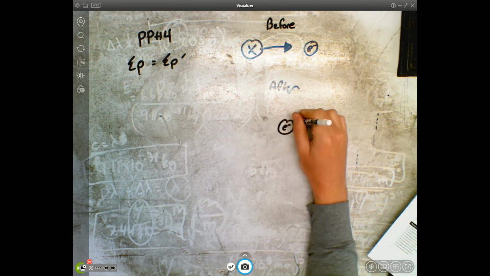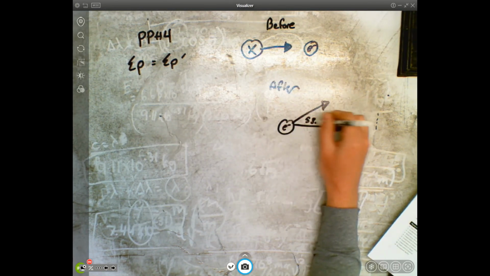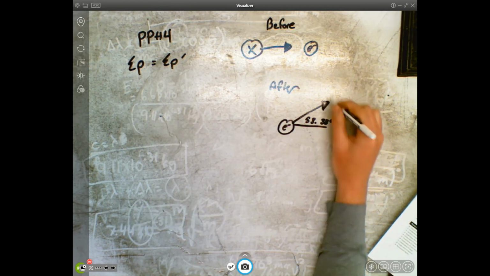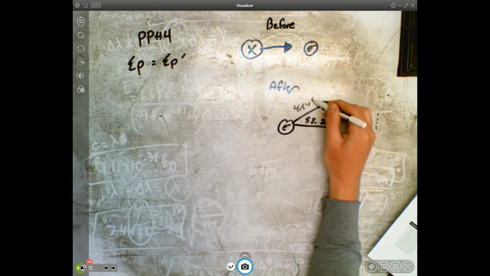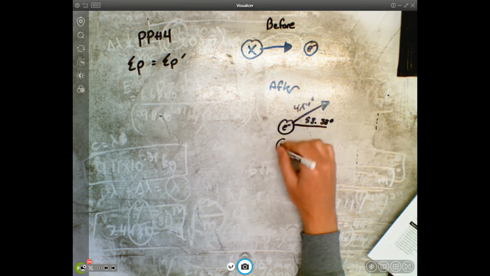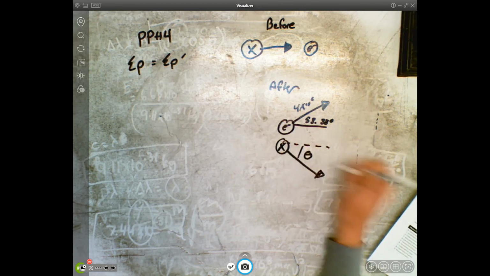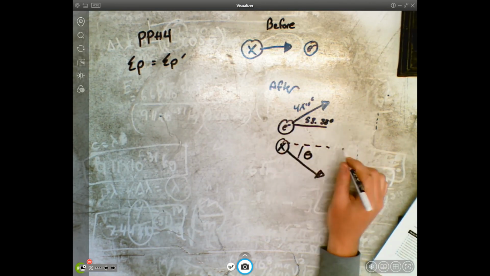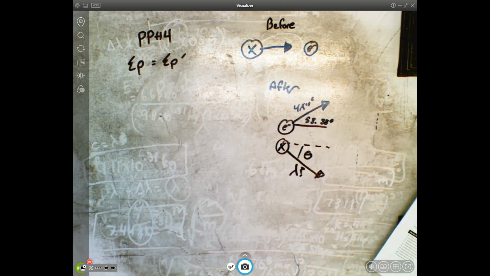So our electron fires off at 53.38 degrees and some fast speed, 4 times 10 to the 6, and I'll use the full number there. That means that our X-rays must go at some angle downward like that, and we need to find what that new wavelength is. Since it loses some of its energy, some of its momentum, it's got to be a longer wavelength.